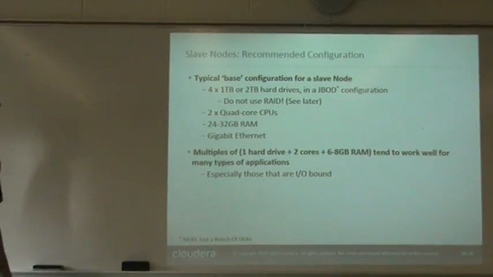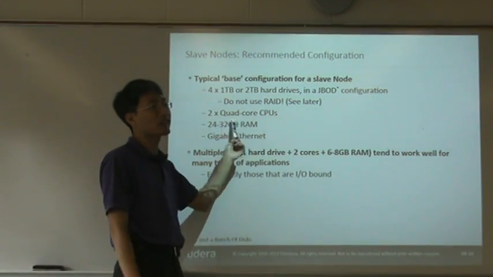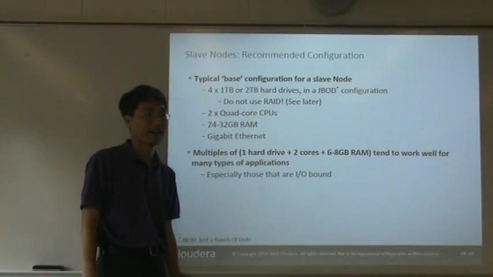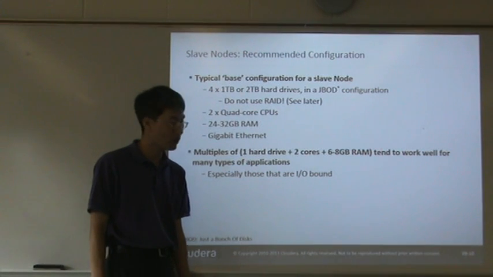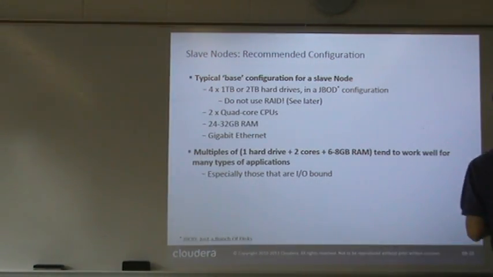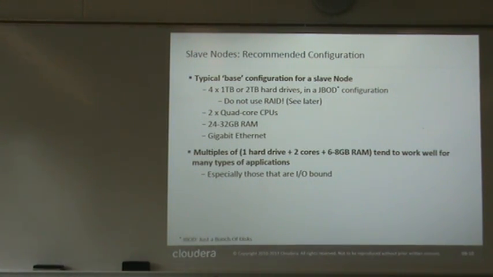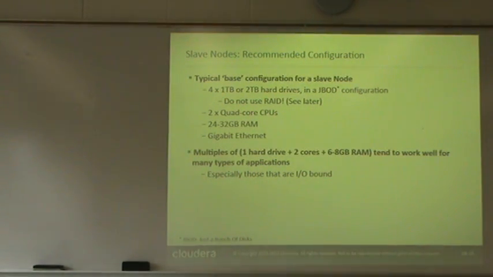And also at least gigabit Ethernet, because the nodes communicate with each other through the TCP/IP protocol. Many traditional distributed or parallel systems, like SMP, symmetric multiprocessing, run on one machine with multiple processors.